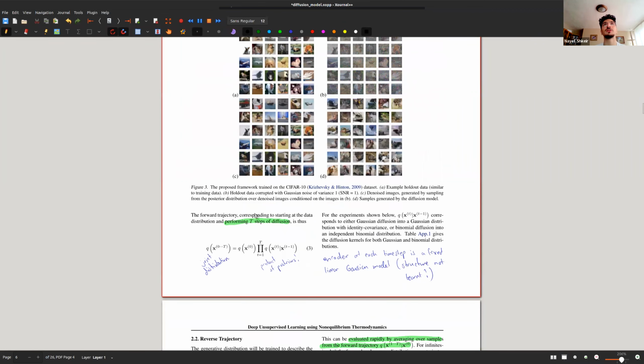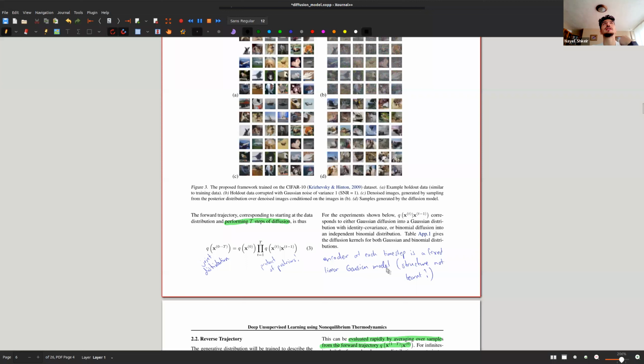The forward trajectory corresponds to starting at a data distribution and performing t steps of diffusion. So you have your joint distribution, and it becomes a product of your posteriors there. For the experiments, it corresponds to a Gaussian distribution with identity covariance, because that's the easiest to work with. The encoder at each time step is a fixed linear Gaussian model.